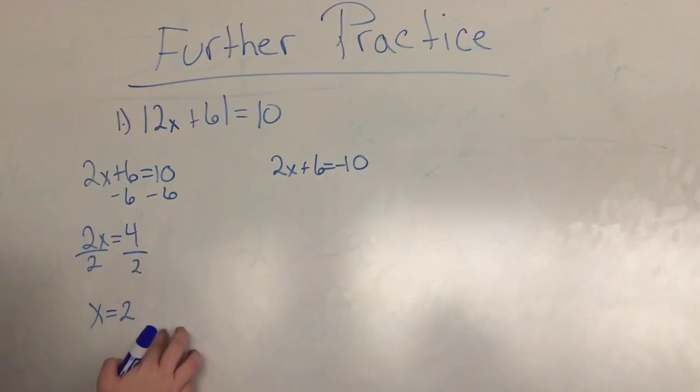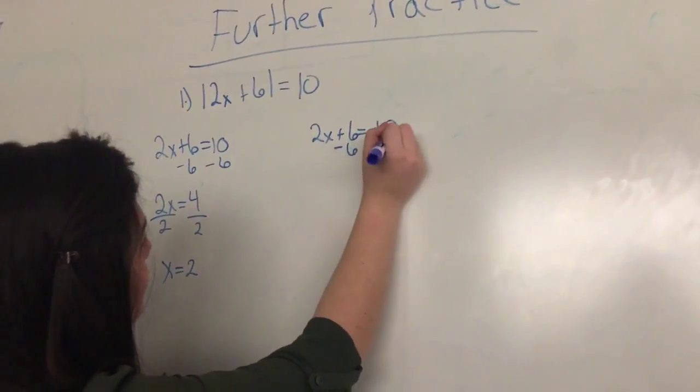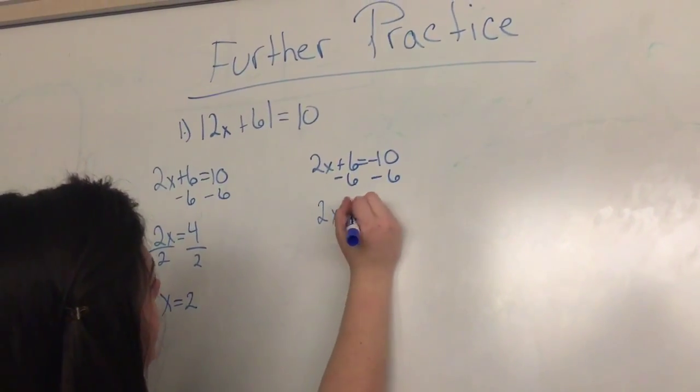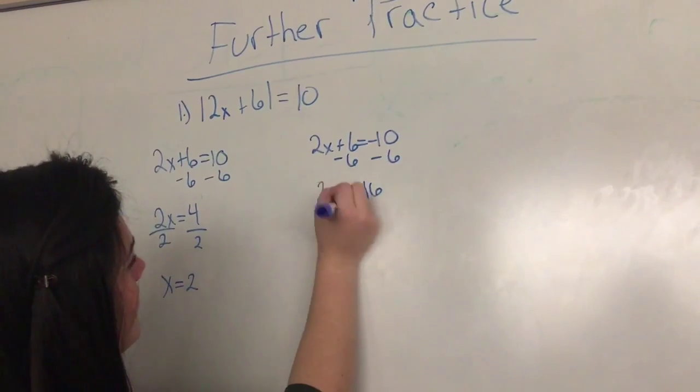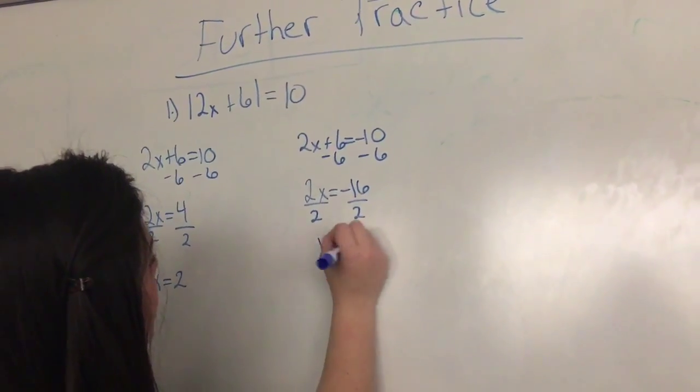And x is equal to 2. On the second one, subtract 6 from each side to isolate the variable, and you get 2x is equal to negative 16. You just divide each side by 2 and get x is equal to negative 8.